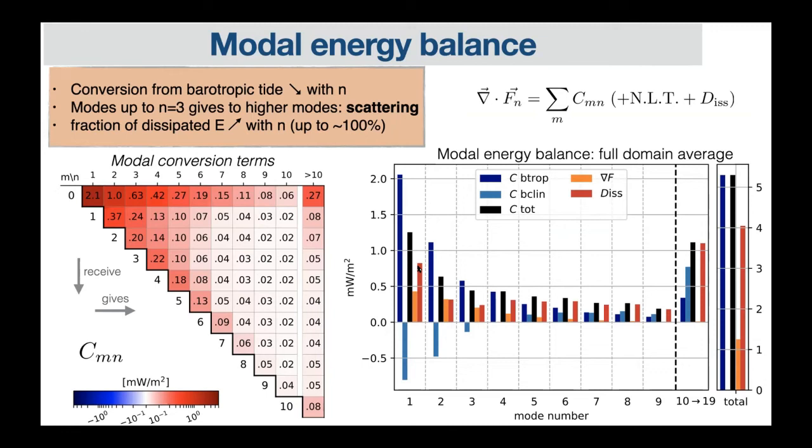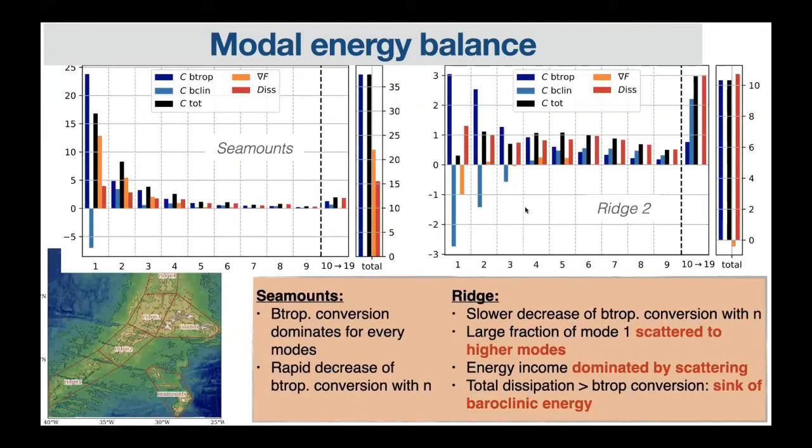So that explains why this kind of scattering, catalyzed by the topography, to the higher modes results in a higher dissipation than expected, meaning higher than 30% in my case. And so again, we can look at the contrasting subdomains I was highlighting before.